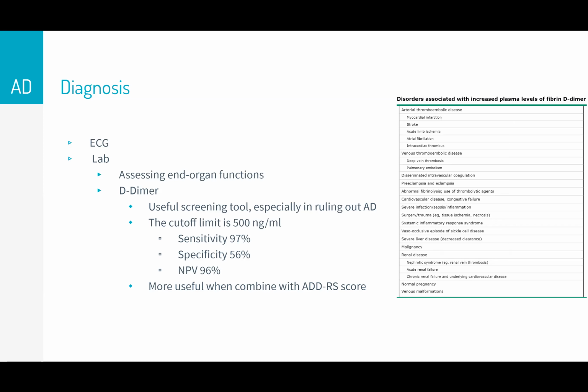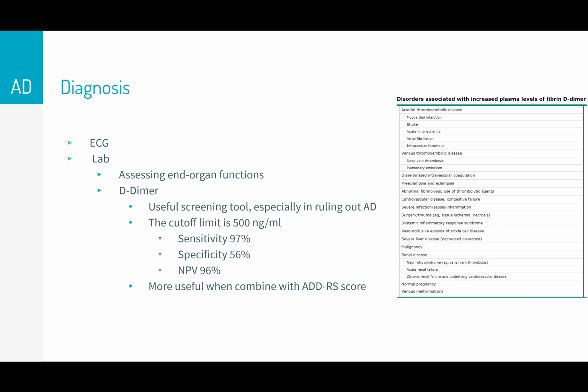And it is more useful when we combine it with the ADD-RS score. It stands for Aortic Dissection Detection Risk Score, which we will talk about in the next slide. One last thing to show you how D-dimer is a good helping tool, but not something that you can depend on.